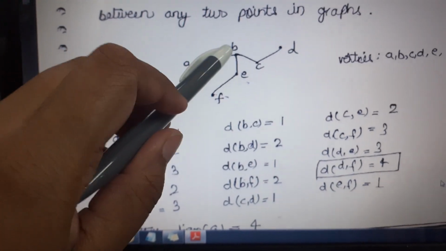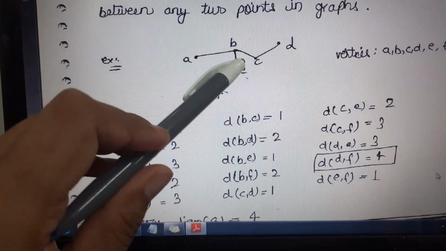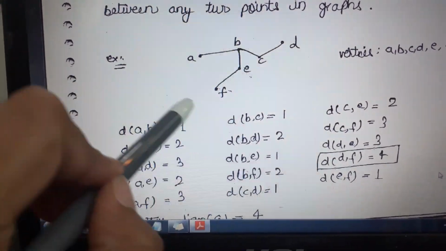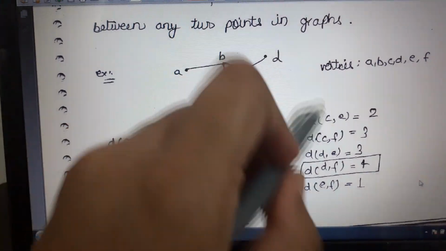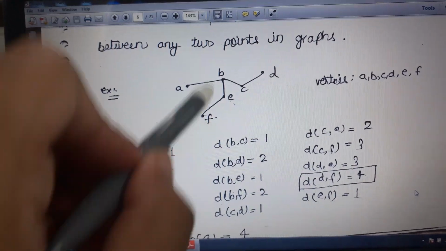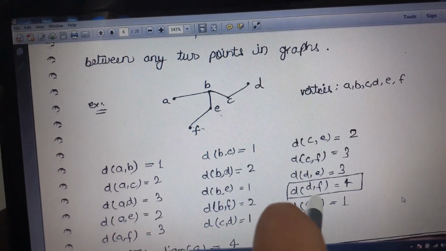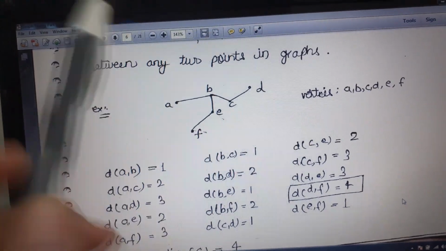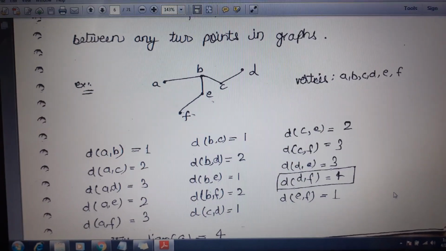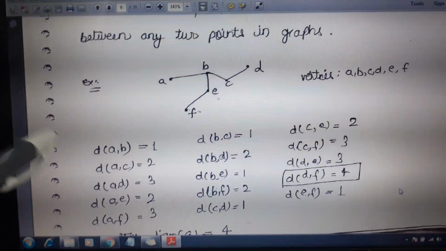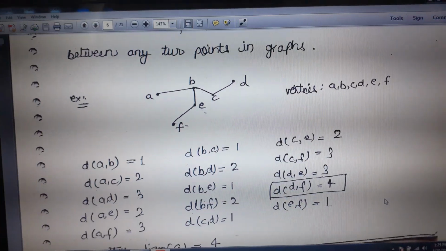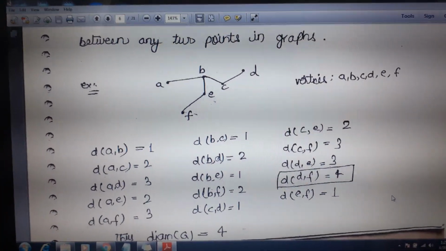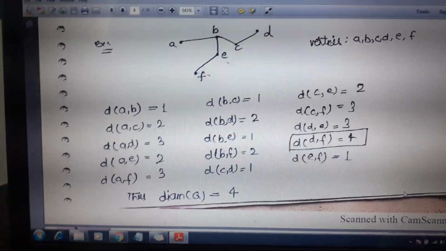Like distance between AB is 1, AC is 2, AD is 3 and so on. We find the distance between all the vertices. Now, the maximal distance is between D and F, which is 4. D and F, 1, 2, 3 and 4. The distance between D and F is 4 and it is the maximal distance. So, it becomes the diameter of the graph. Diameter of the graph is 4.